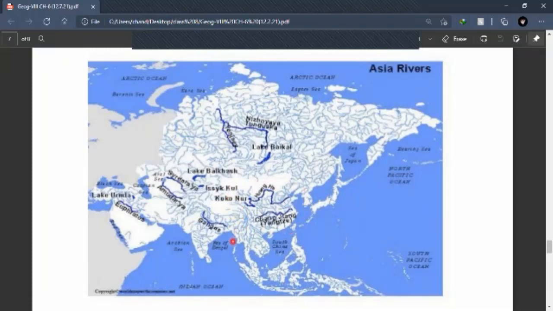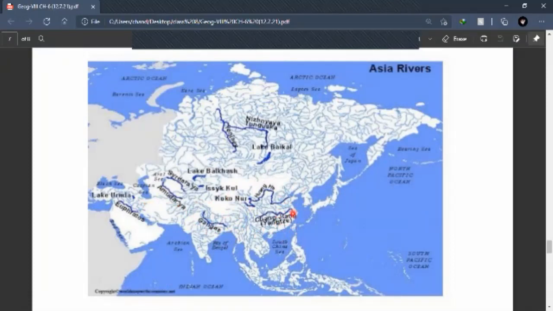The fertile river valleys and plains of Asia, such as the Mesopotamian plains, Indo-Gangetic plains, and Great Plains of China, were the cradles of civilization. The earliest civilizations developed along these riverbanks.